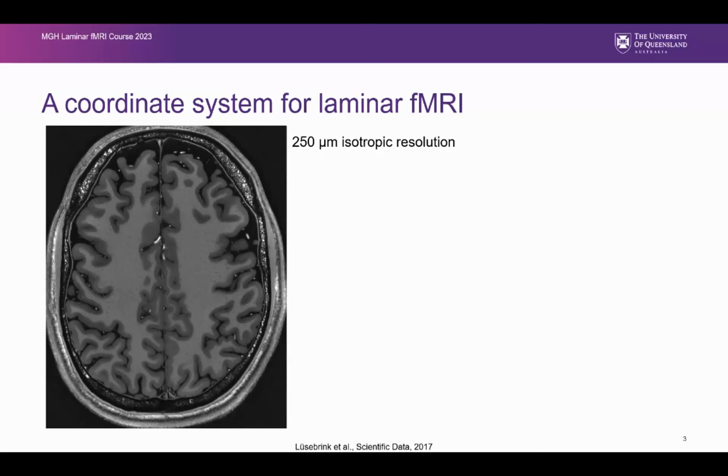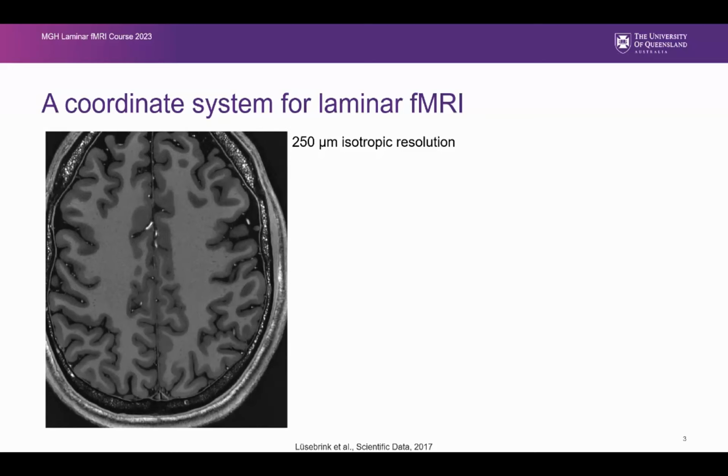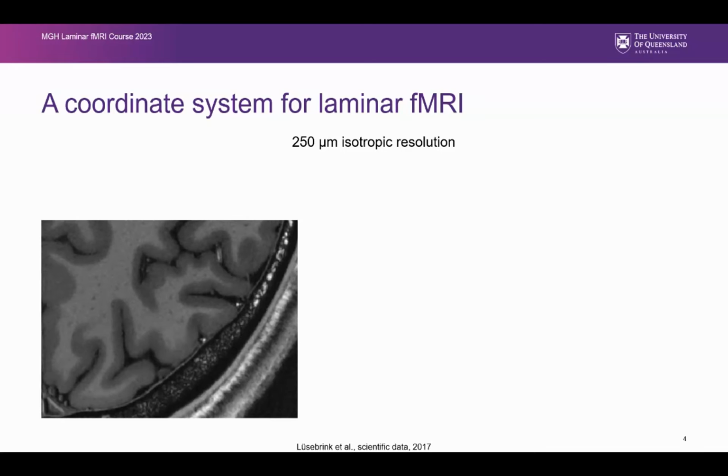It would be nice in a perfect world if we could just acquire a really high resolution anatomical image, as for example Falk Lüsebrink from Magdeburg did, and then we zoom in and we see nothing. There are no layers. That's very unfortunate: MRI contrasts are not sensitive to cell density or the type of neurons you see in different layers.